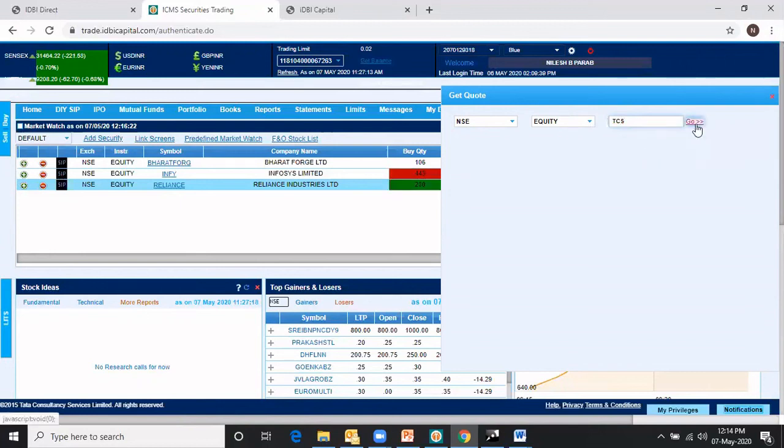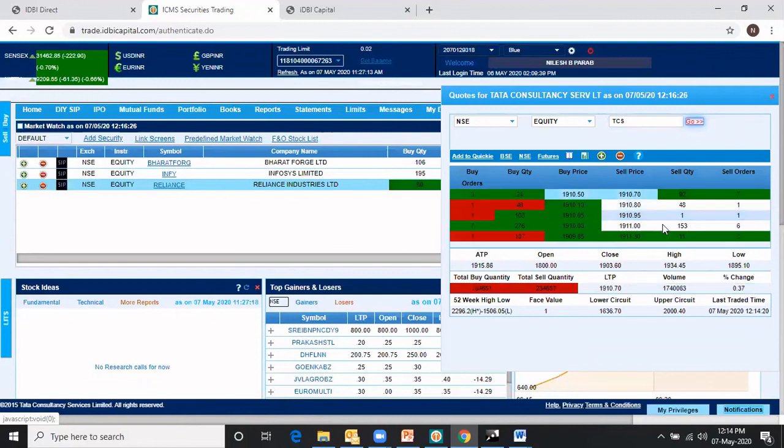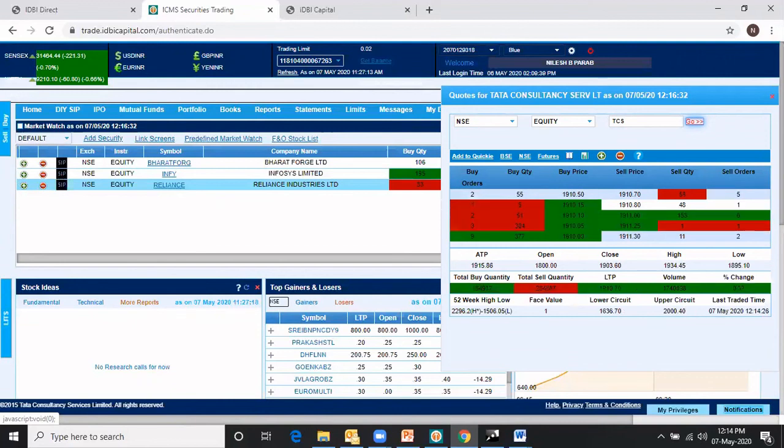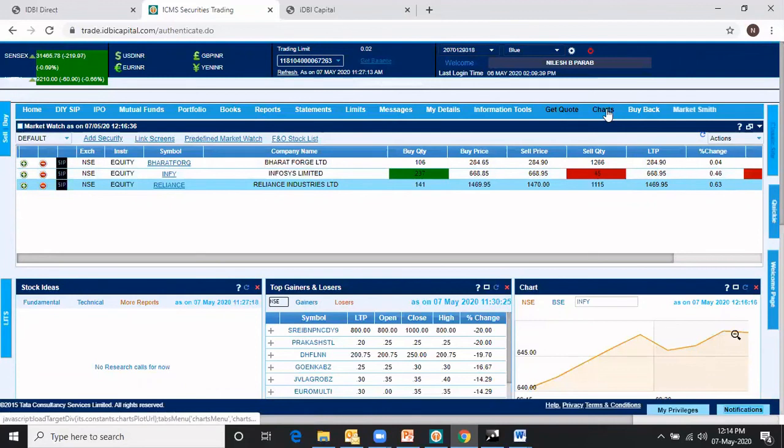Go. So TCS best 5 buyers, best 5 sellers. I can see what is LTP and other things, lower circuit, upper circuit. So charts is also available, but charts is not that dynamic as chartists use, but you can definitely utilize it for your understanding.